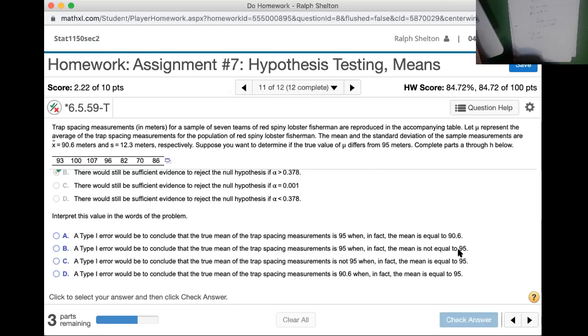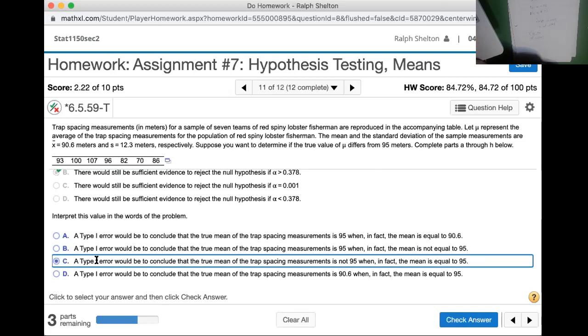Type 1 error would be to conclude the true mean is not 95 when in fact it is 95. That's the one, right? It's an error because you're rejecting it. So you're concluding that it's not 95. That's rejecting, because they're claiming it's 95, and you're concluding it's not 95. So you're rejecting that 95, okay?